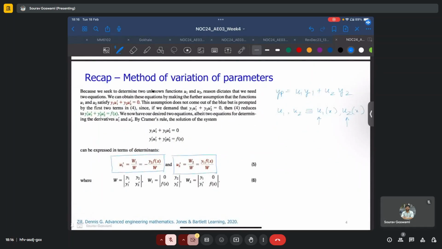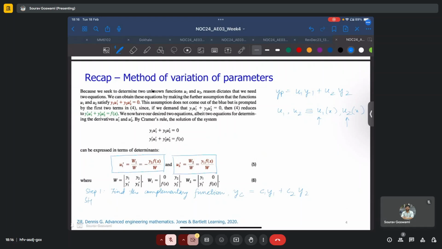If I were to outline all these steps together, the first step is finding the complementary function, typically denoted as yc, and this yc will come out to be some linear combination of y1 and y2. We have these two solutions for a second order ordinary differential equation, and c1 and c2 are some constants.